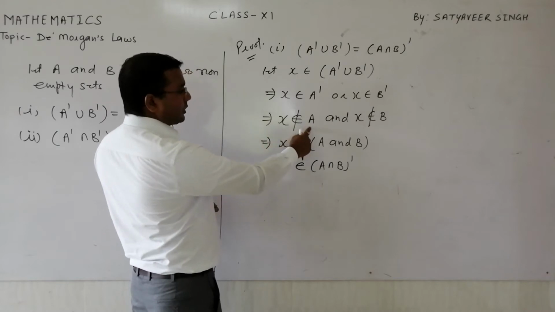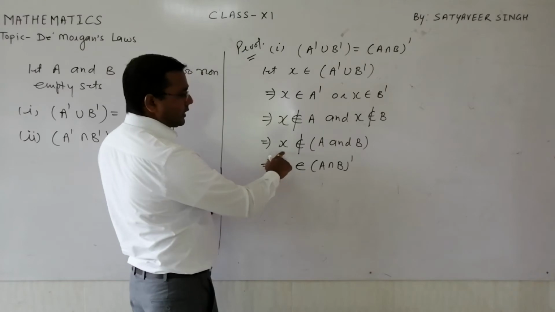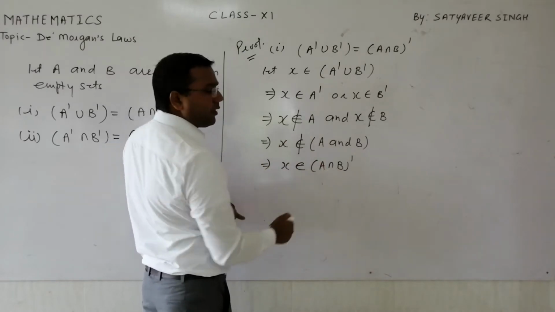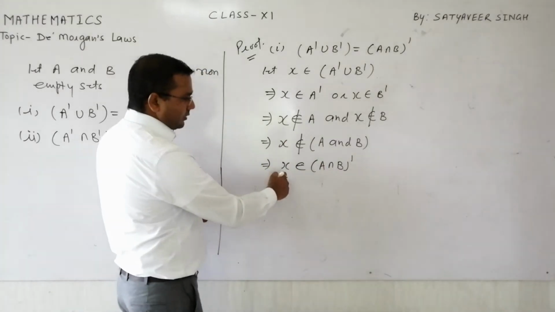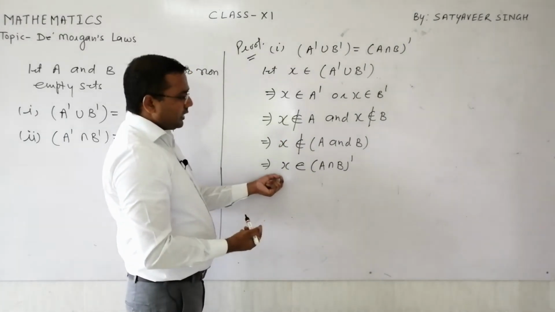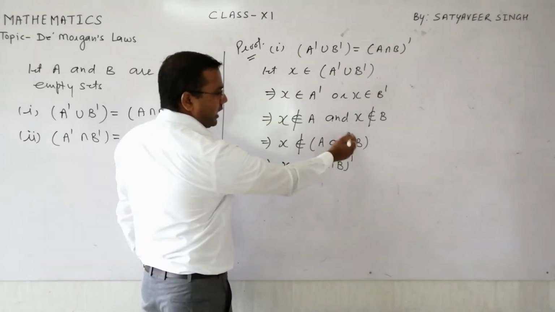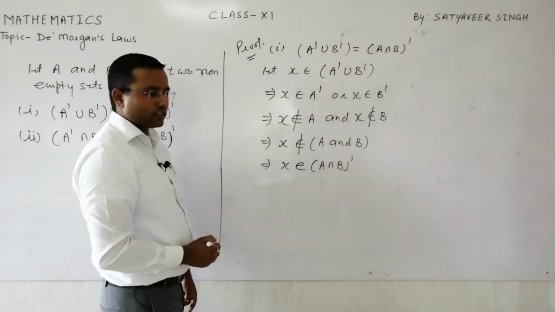x does not belong to A and x does not belong to B, which means x does not belong to A and B, and x does not belong to A and B means that x belongs to A intersection B complement, because the symbol represents intersection.